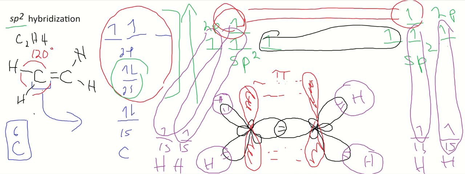So a double bond is always one sigma bond, which is the head-to-head overlap, and one pi bond. Okay, so let me actually label that. We'll label them all, but there's your sigma bonds, and there's your pi bonds. So I hope that helped here. Here's the thing to take away from this.